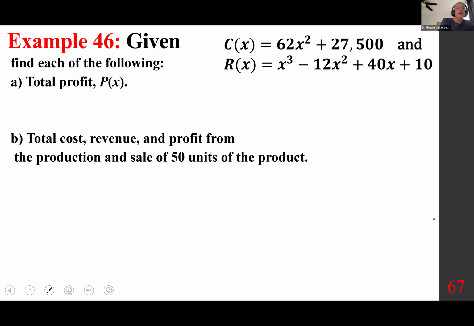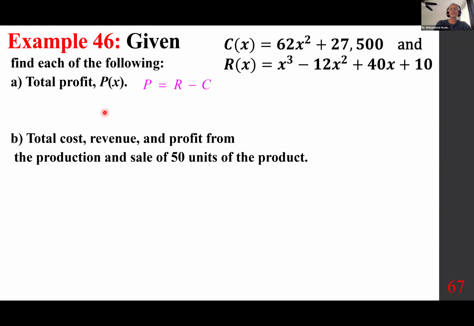So first, given the cost function and the revenue function, we want to find each of the following: total profit. So again, C stands for the cost, R stands for the revenue. So we start doing some basic algebra and then we get into the calculus part. So the profit function is very simple. By definition, profit is revenue minus cost.